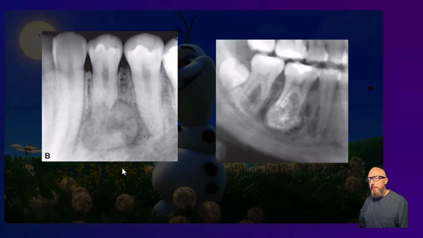And do you remember what this one is? Looks like it's resorbing the roots of the teeth, but it is more attached to those roots and coming from those roots. There's this radiolucency around it, but it's a little bit thicker radiolucency than PDL space. What was that? Cementoblastoma. This one as well. Kind of the same idea. Resorption of the root, but it's actually attached to the root as it destroys it, coming from the root, and a large radiolucency around it.